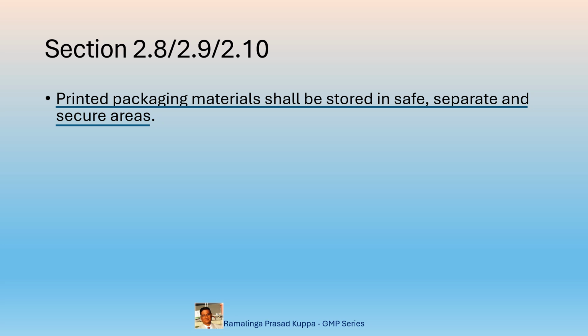If not controlled safely, it can be misused and may have detrimental effect on the drug product or API. It is also necessary to store batch-wise to avoid mix-ups. This is different from the blank packaging material storage. This is the prescription of subsection 2.8.